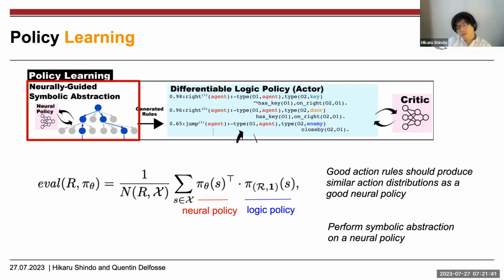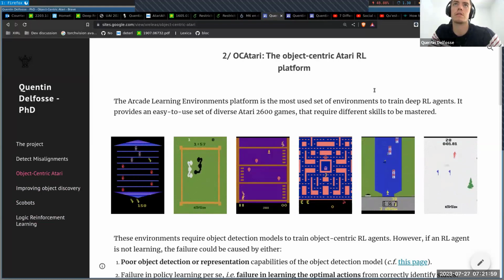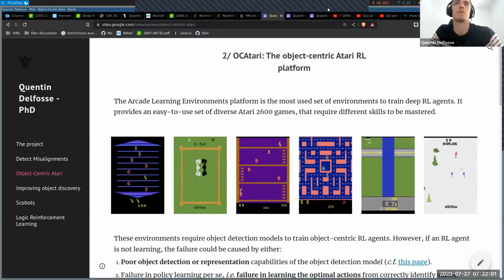And okay, I'm going to try to share this one here. We actually have something on that that I was working on that we're going to present at ECML soon.